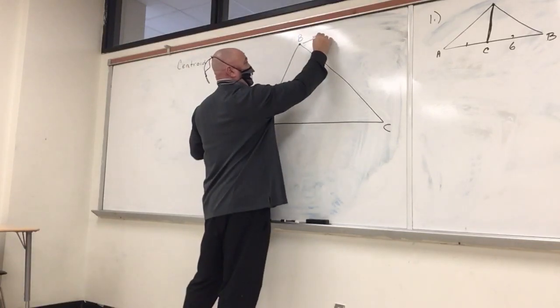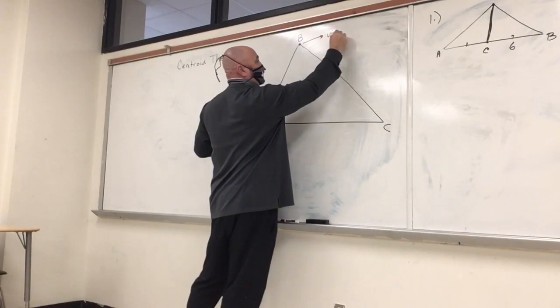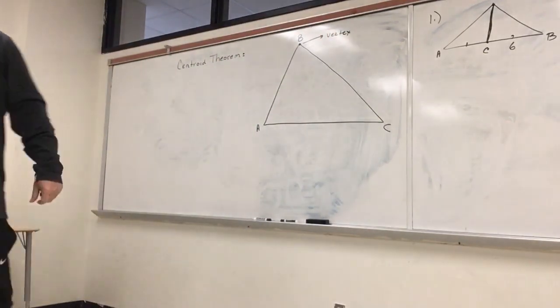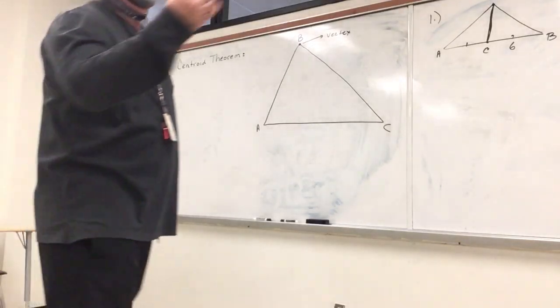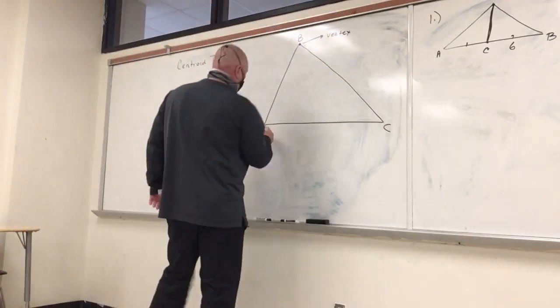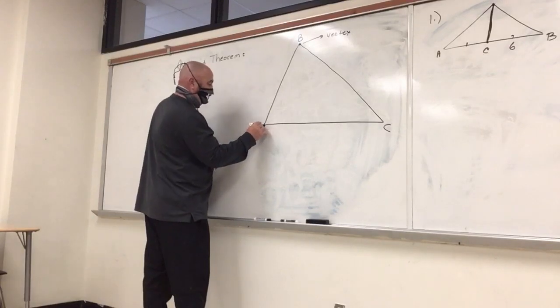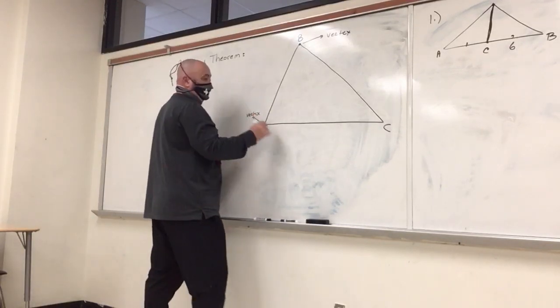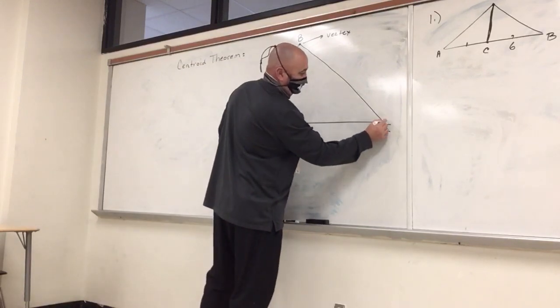Here, I'll help you out. It's called a vertex. So a triangle has how many vertexes? Well, if it's got three sides, it has three vertexes. So you've got a vertex here and a vertex here.